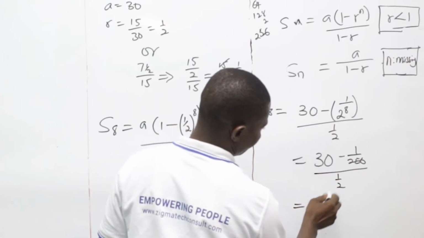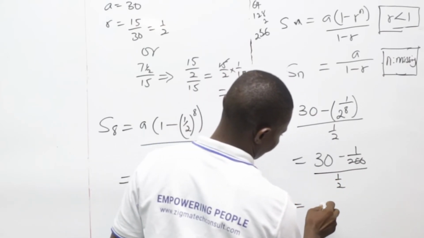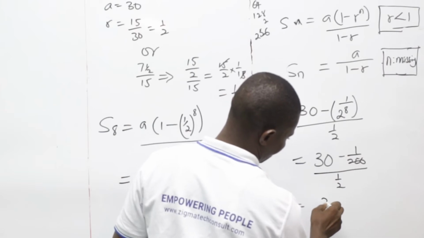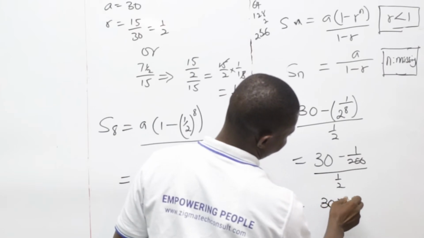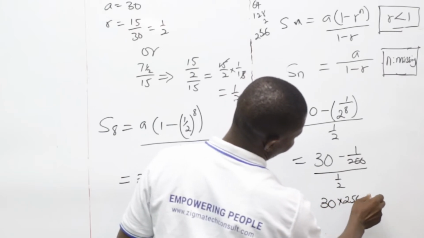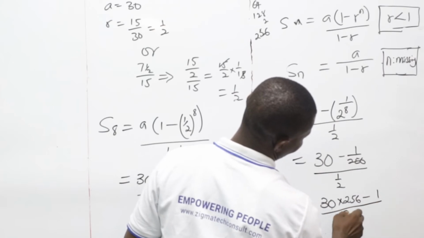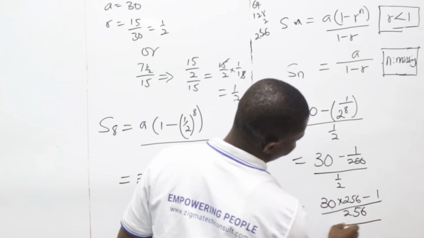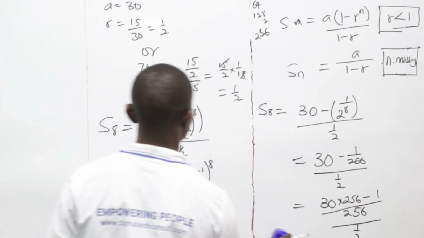Okay, we'll have that: 30 multiplied by 256 minus 1 all over 256, divided by 1 all over 2.